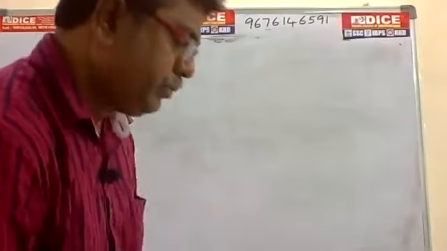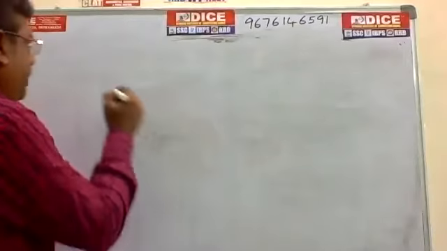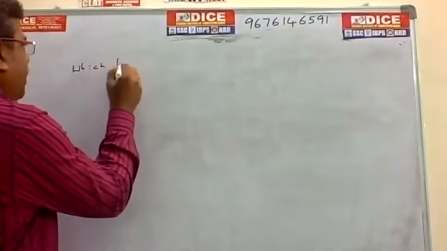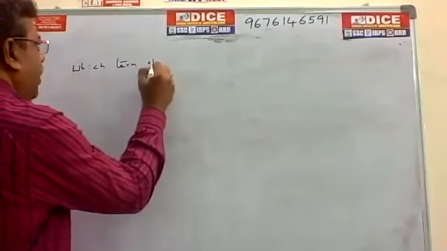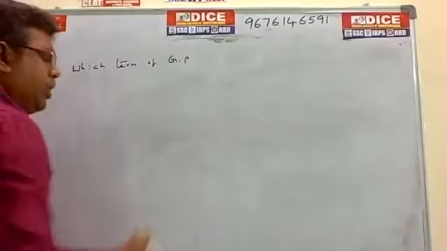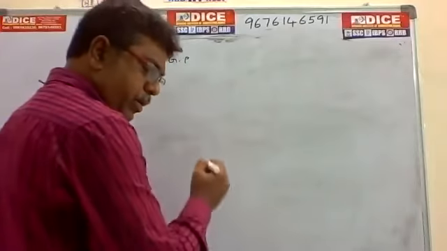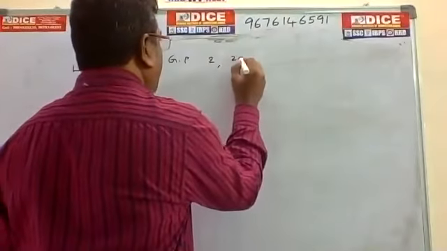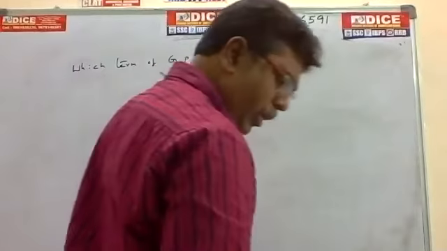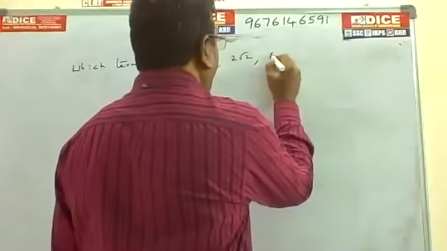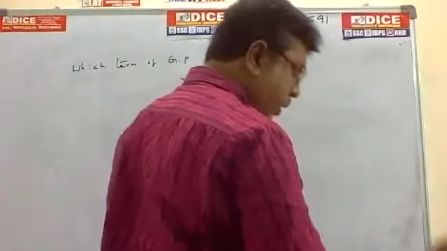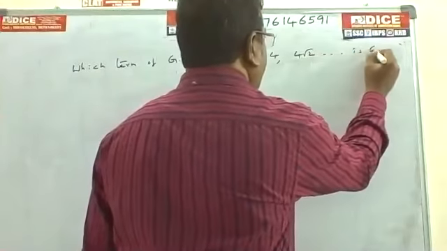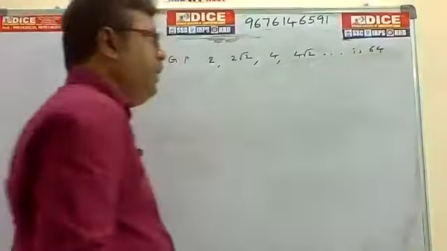Next one. Which term of the GP 2, 2 into root 2, 4, 4 into root 2, and so on is 64?